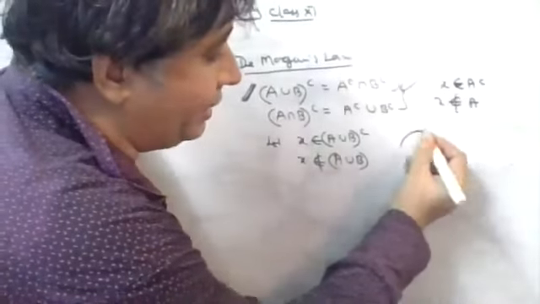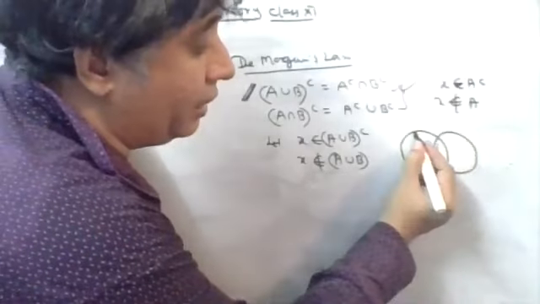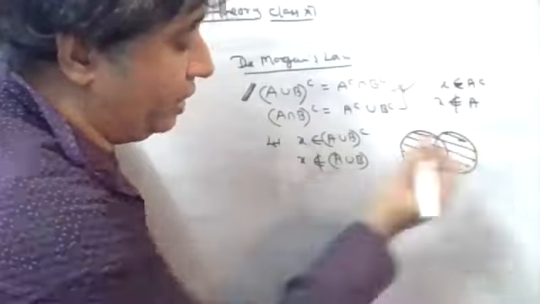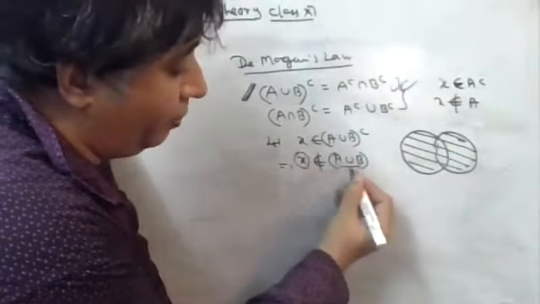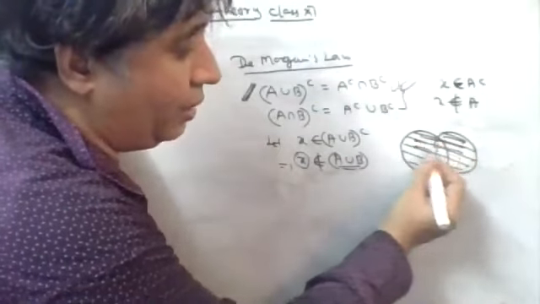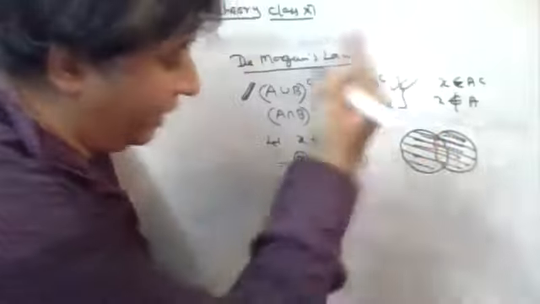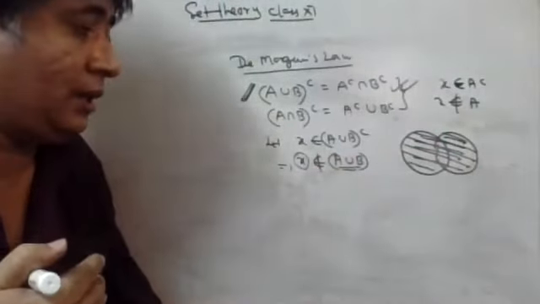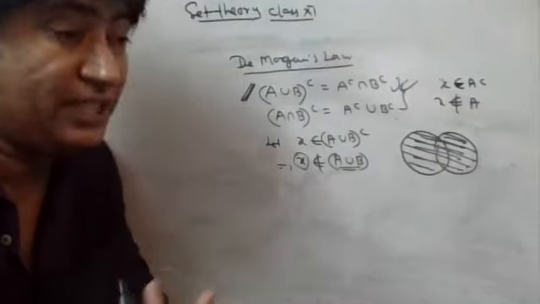But you see, if I take the help of a Venn diagram, what is A union B? This shaded region is A union B. So an element X does not belong to A union B means it does not belong to both A and B. So by definition, we can say this represents OR.